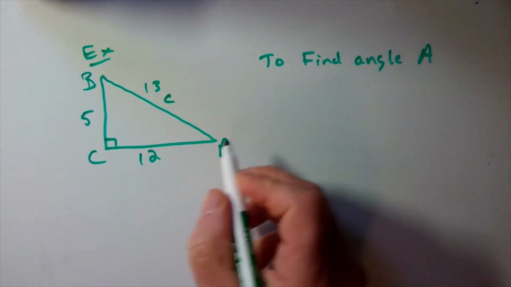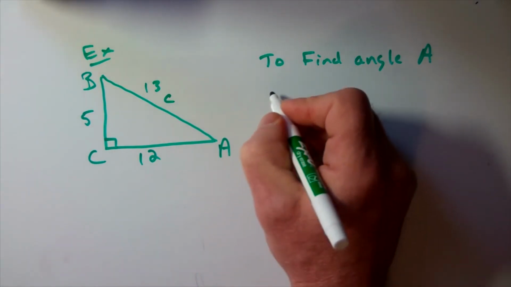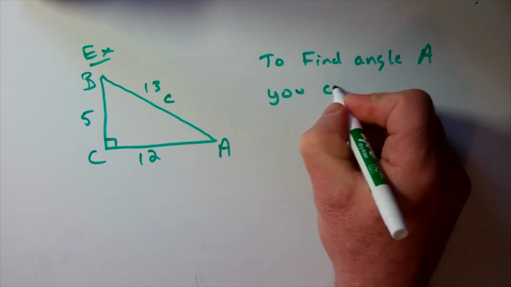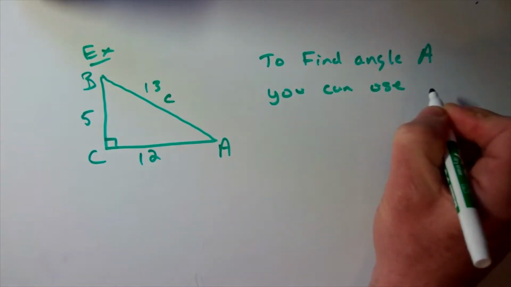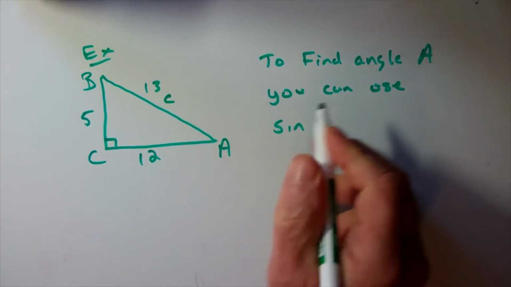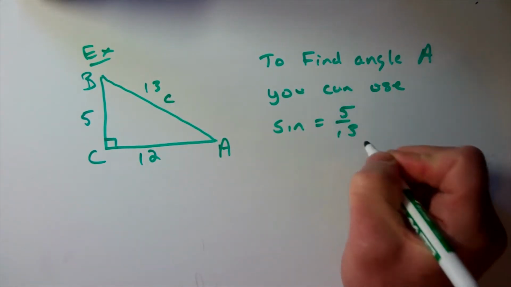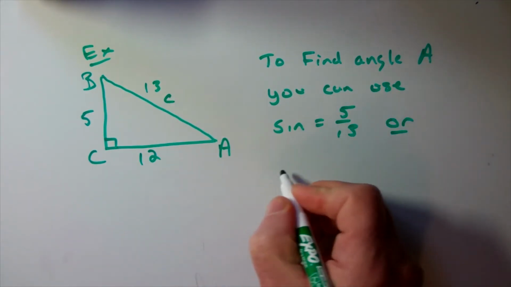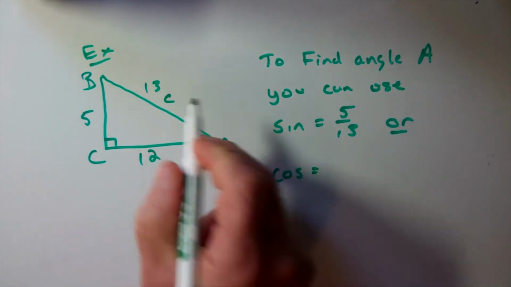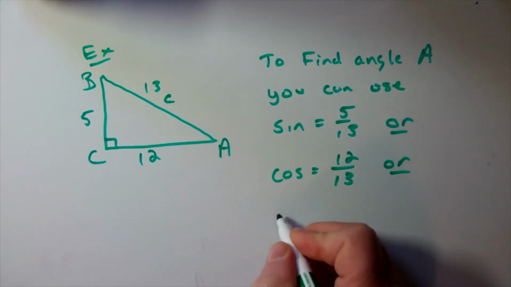For instance, to find angle A, I could use the sine of angle A, which equals 5, which is the opposite from A, over 13, which is the hypotenuse. Or you can use the cosine, which is the adjacent side, which is 12, over the hypotenuse, which is still 13.